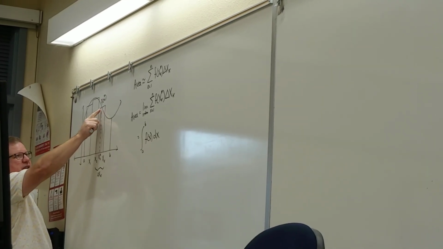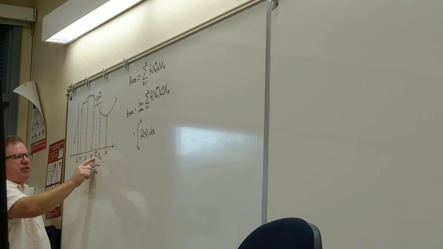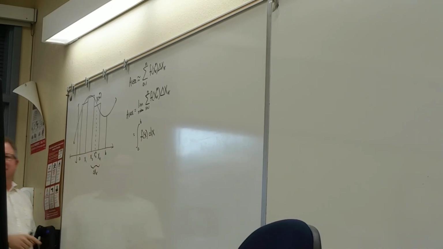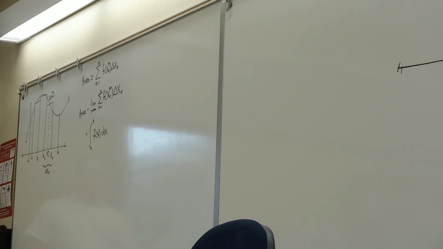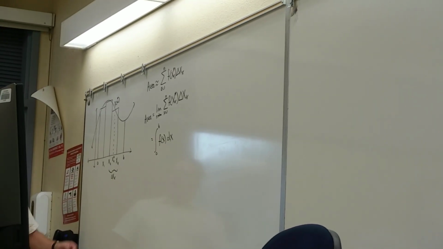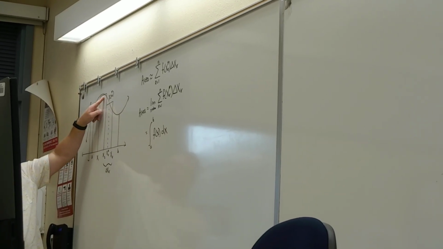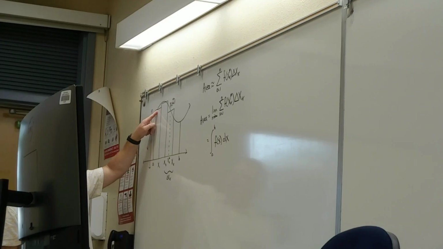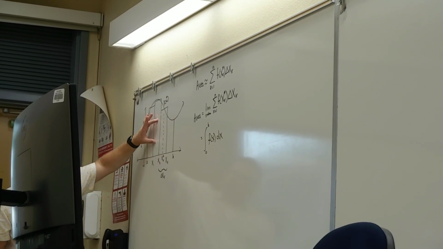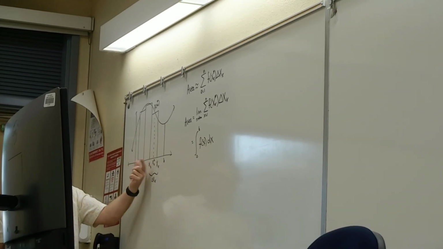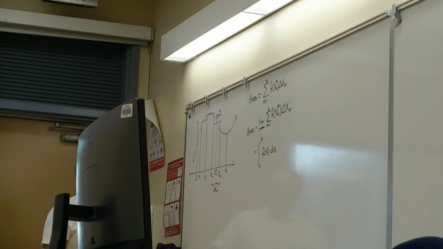Where the rectangle connects to the curve, the x-coordinate there we call x asterisk. Some books would use a C or something else, okay? Depends on the textbook. And so the x-coordinate here is x asterisk in this interval, and here's x asterisk in that one, and so on. The area of a rectangle is the height times the width, okay?